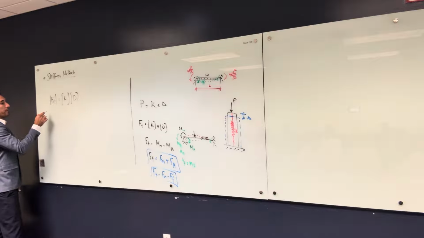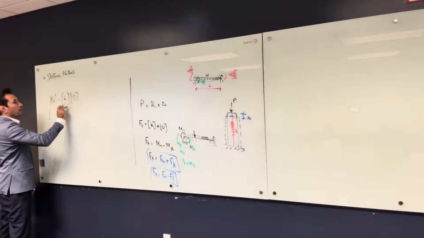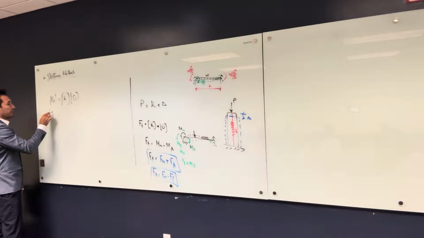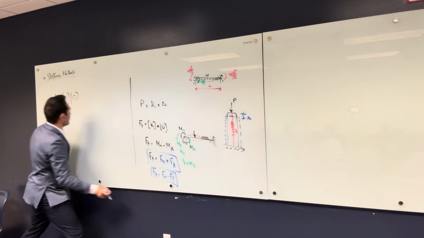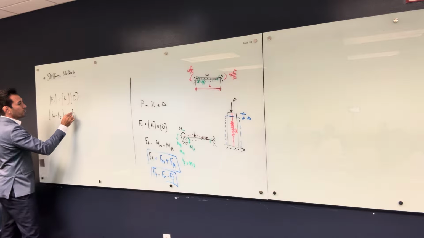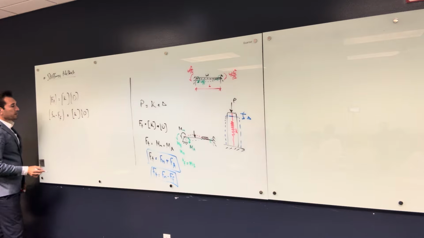But we can put the F total as, by the way, these are vectors, but this is a matrix. So I'm gonna put this as Fn minus F fixed end forces, which is this one. And this is gonna be equal to the matrix K, and the vector of the displacement.